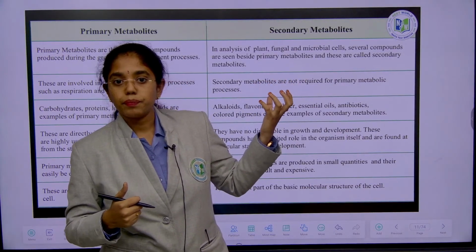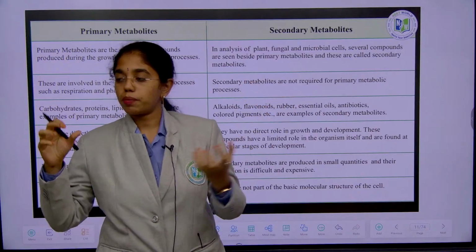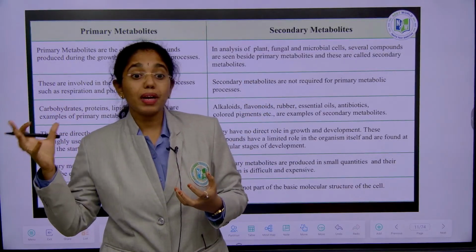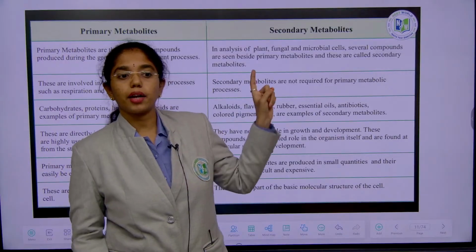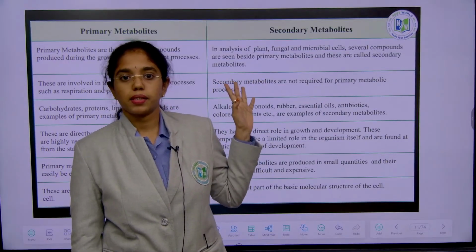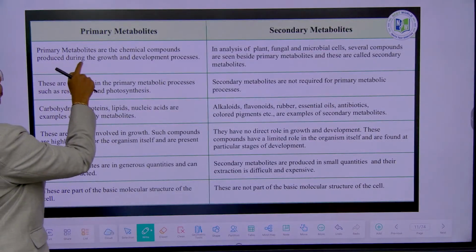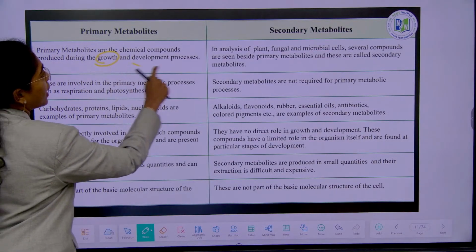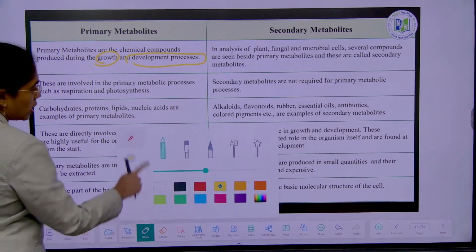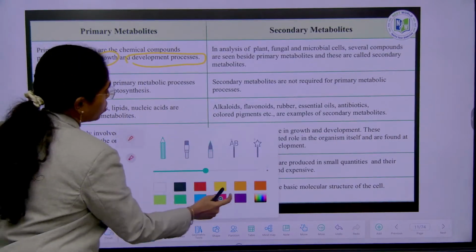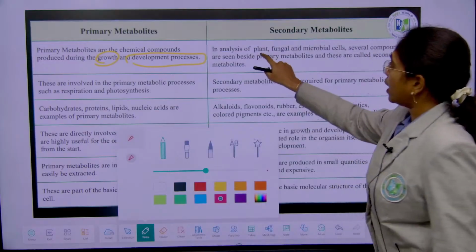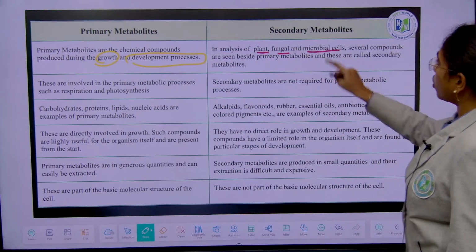For example, all the phytoalexins present in the plant, pigments that are present, all that are secondary metabolites. Here you see, primary metabolites are chemical compounds produced during growth and development processes. Secondary metabolites are those found on analysis of plant, fungal or microbial cells.